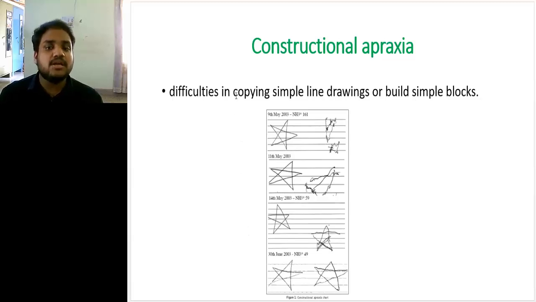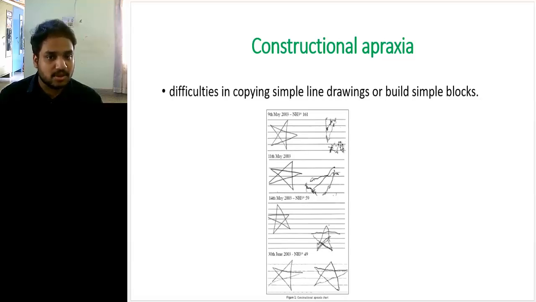Constructional apraxia is difficulty in copying simple line drawings or simple building blocks, okay? For example, the person is asked to draw a star. This is a sequence: the first was on 9th of May, 11th of May, 14th of May and 30th June, right? You can see how the patient improved.